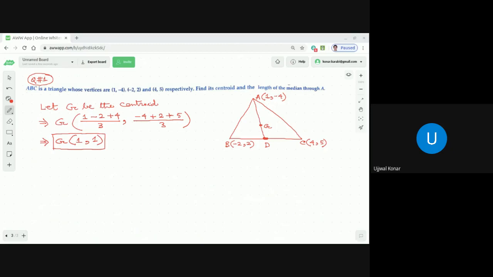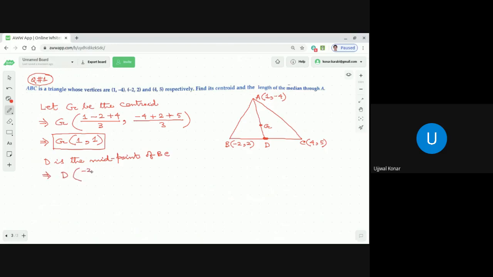Now we need the coordinate of the point D. D is the midpoint of BC. How can you find the coordinate of the point D?